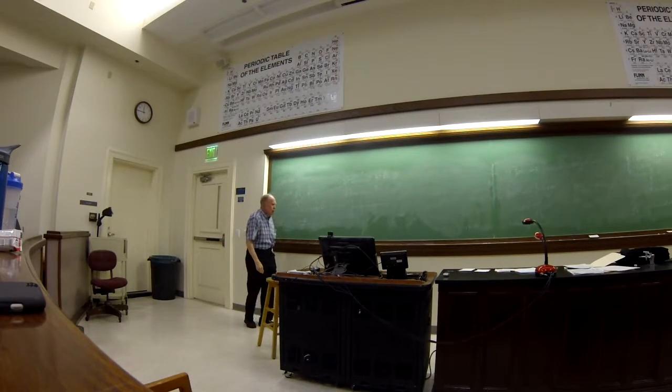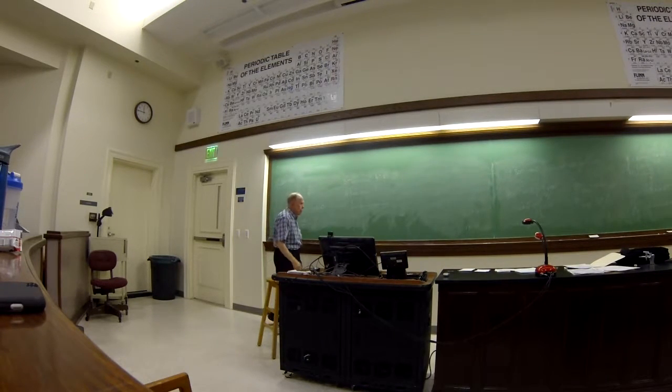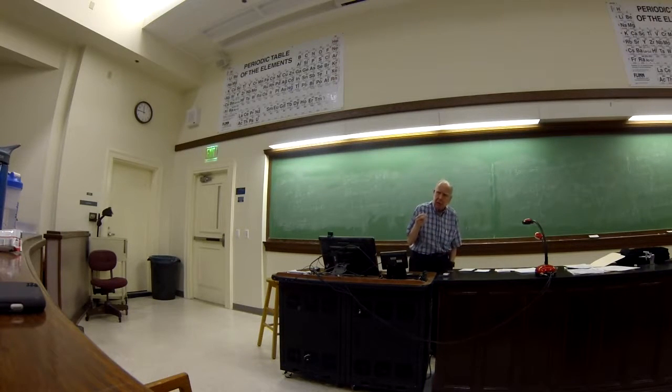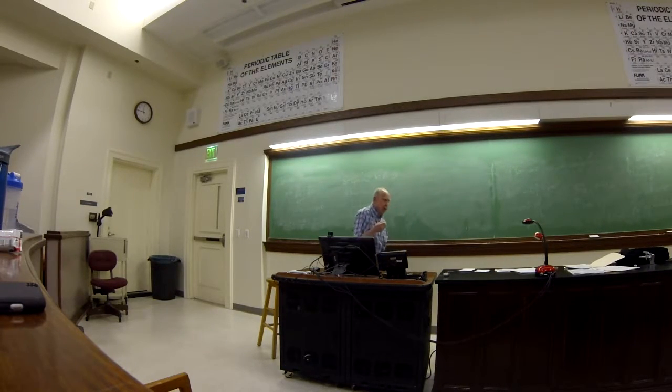Now the notes on the intermolecular force and electric potential, which I posted on the web, talk about a realistic potential that's widely used in calculations and theoretical pursuits for pairwise collisions. It's called the Lennard-Jones potential.